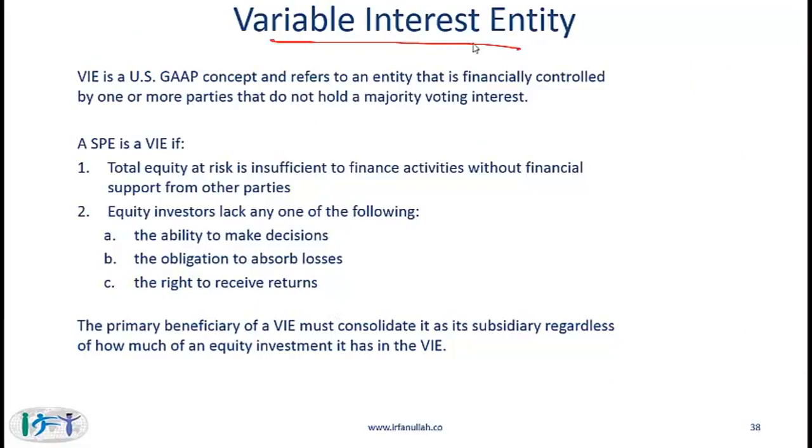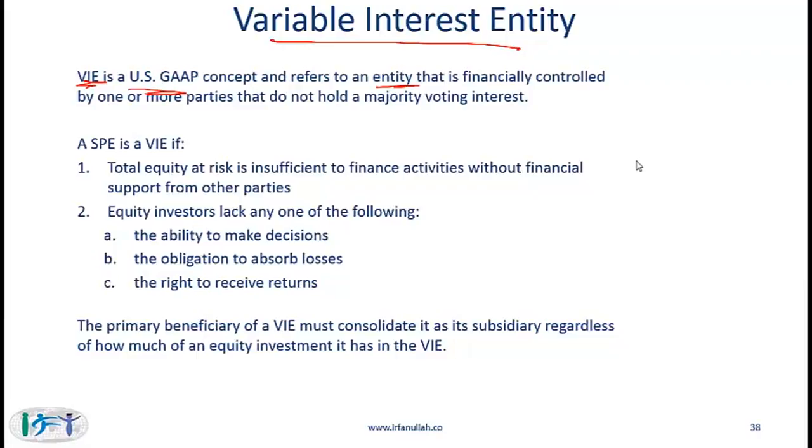I alluded to this term, variable interest entity. A variable interest entity is a US GAAP concept and refers to an entity that is financially controlled by one or more parties that do not hold a majority voting interest. So the SPE in my previous example would fall in this category.